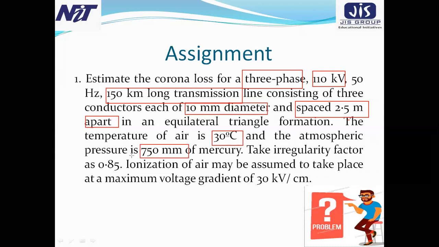Take the irregularity factor 0.85. Ionization of the air is assumed to take place at a maximum voltage gradient of 30 kV per centimeter. So this is the problem. I think now all will be able to solve this one. So please submit this one also.